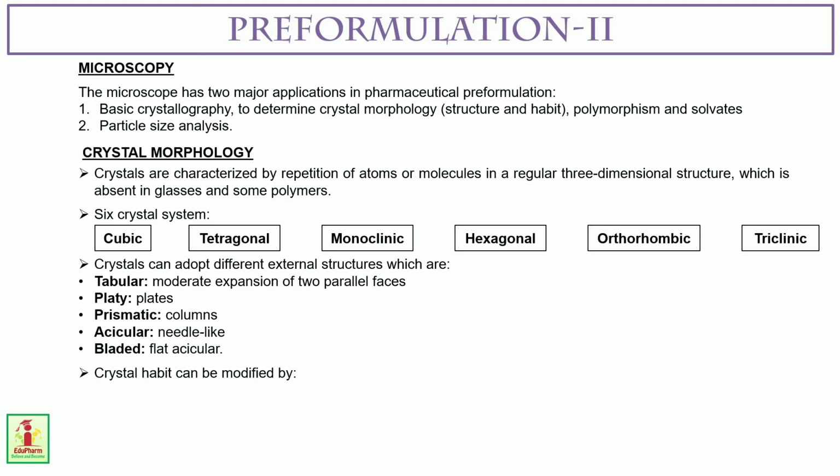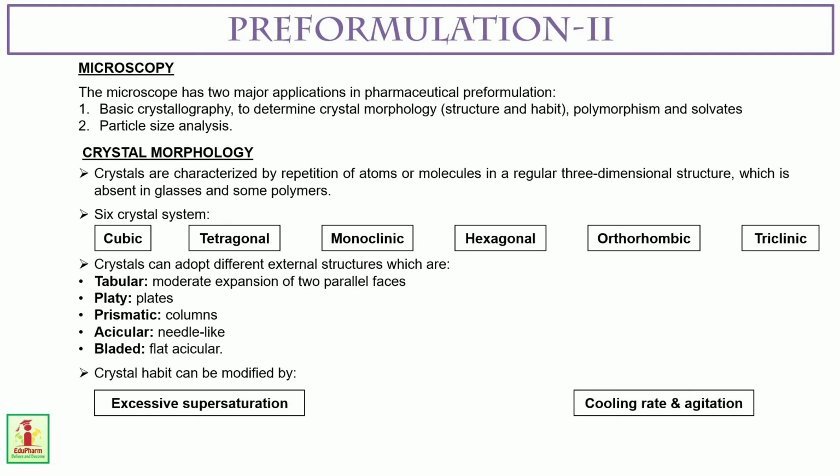Although not changing their internal structure, which occurs with polymorphism, crystals can adopt the different external structures said above. Crystal habits can also be modified by excessive supersaturation, which tends to transform a prism or isodiametric or granular crystals to needle shape.